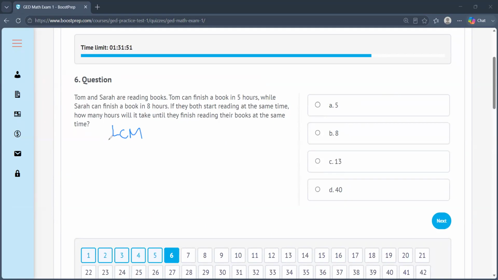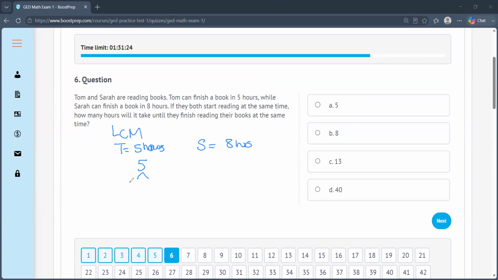So let's see. Tom can read in 5 hours, and Sarah can read in 8 hours. All you've got to do is make a factor tree. Let's start with 5, or Tom.